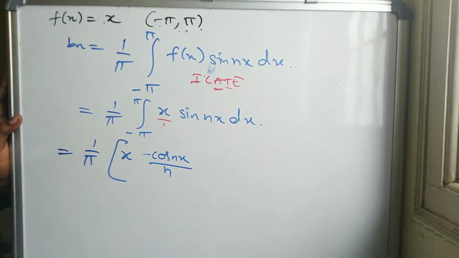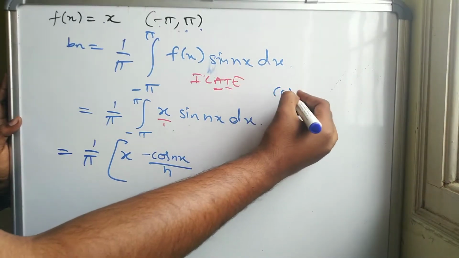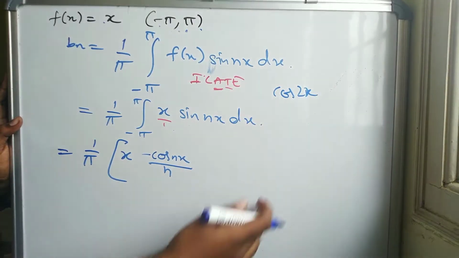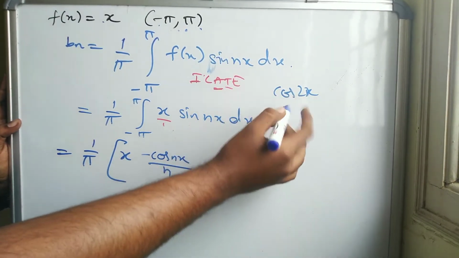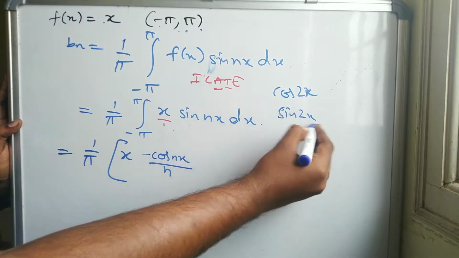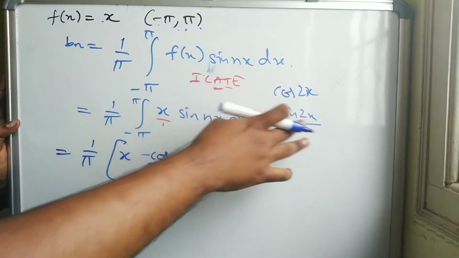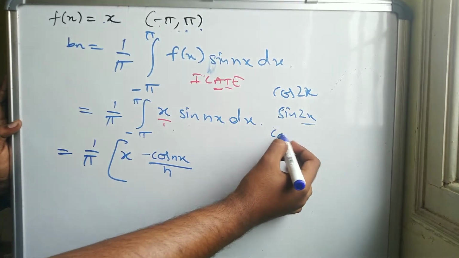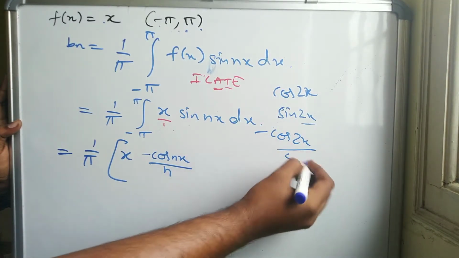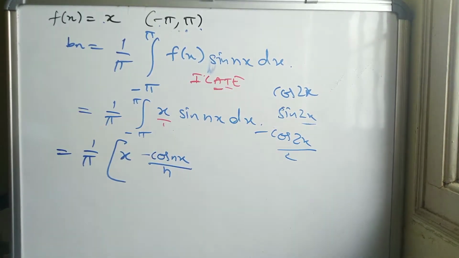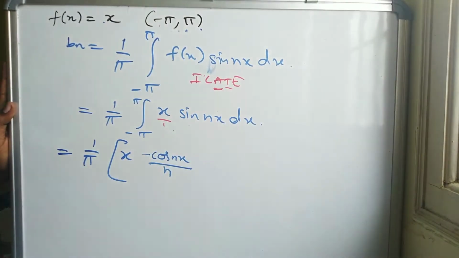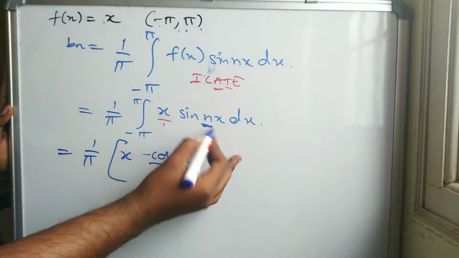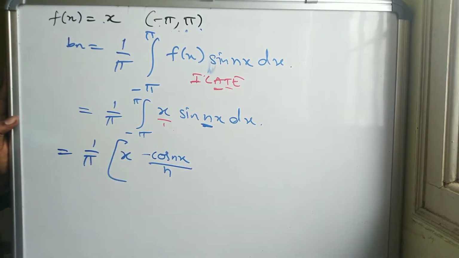You already know that for cos 2x the integration will be sin 2x by 2, and for sin 2x integration is minus cos 2x by 2. The n part comes down, that's it. That is the difference, you don't need to get confused.